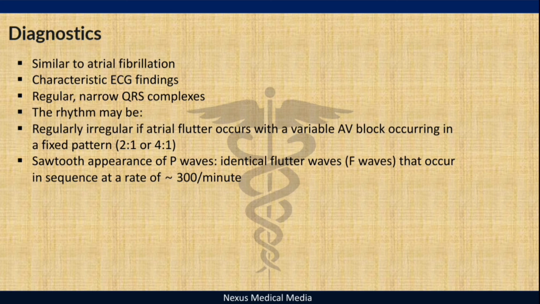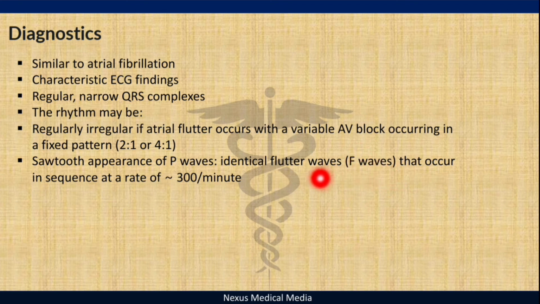The rhythm may be regularly irregular if atrial flutter occurs with a variable AV block occurring in a fixed pattern like 2:1 or 4:1. Sawtooth appearance of P waves, thus identical flutter waves, F waves. You see this F in capital letter; in atrial fibrillation it is usually written in small letter.